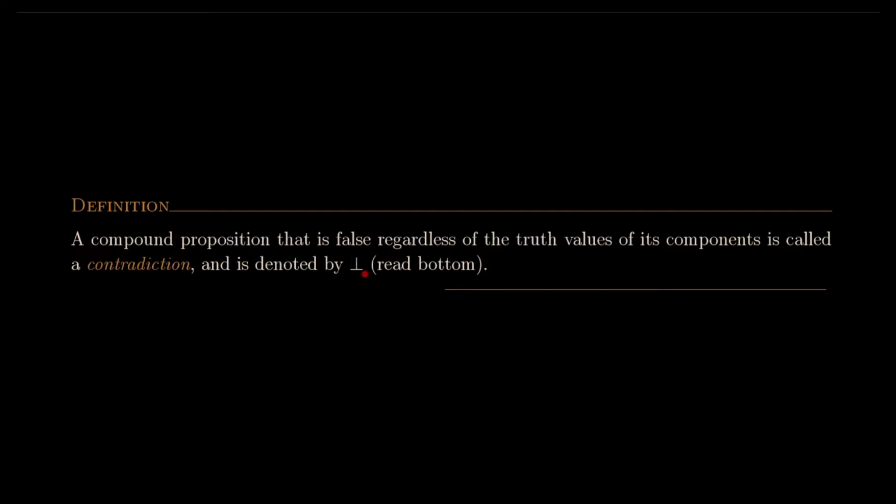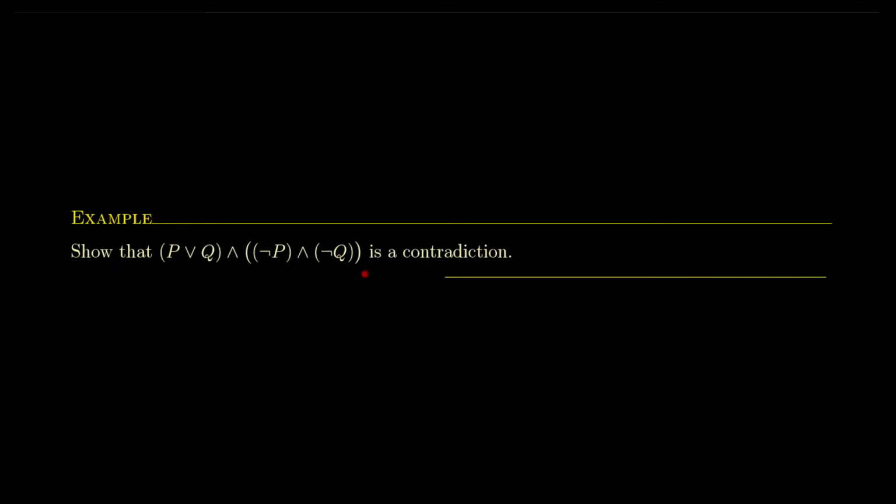If you don't mind, I will skip this exercise. Actually, let us not skip this exercise, let us do that, because we didn't have any contradictions so far. We want to prove this is a contradiction. So how should I do that?